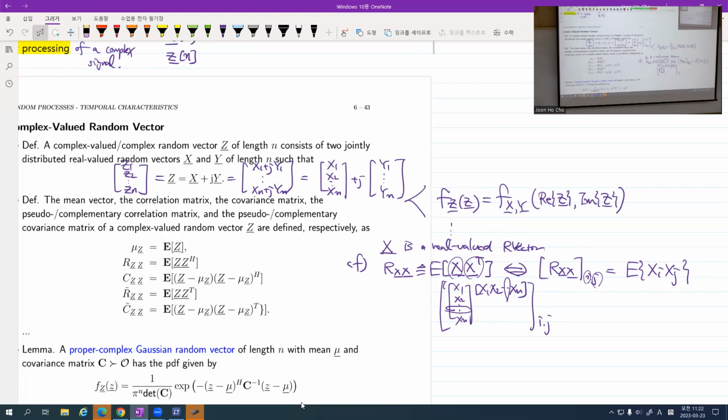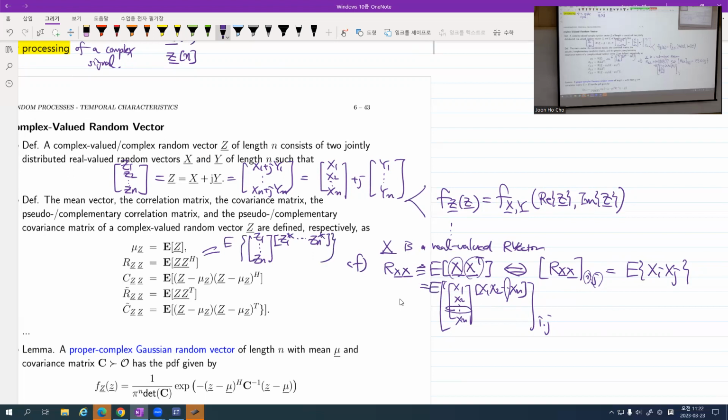So that's good. But anyway, do you see the difference between the correlation matrix of a real valued random vector and a complex valued random vector? We use Hermitian transposition. What does that mean? So if we write this, expectation of Z1 up to Zn, and here goes Z1 conjugate up to Zn conjugate.